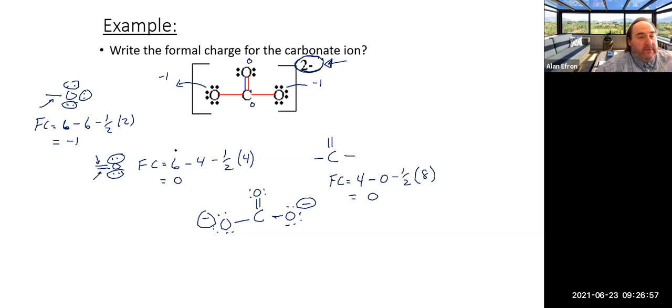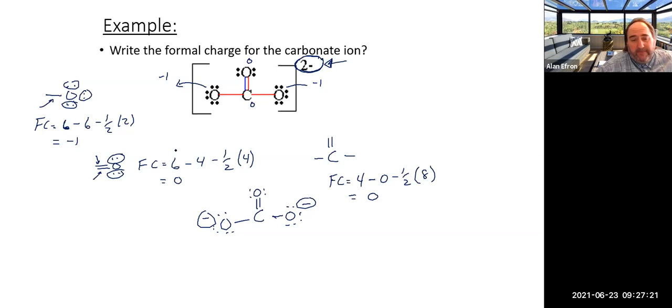We can also use formal charges in Lewis structures to help us decide between 2 different structures that you may draw. And if you've drawn Lewis structures before, you know that depending on how you put it together or arrange it, you can end up with multiple pictures. And maybe some are good and some are bad.